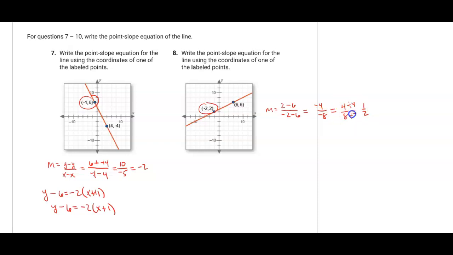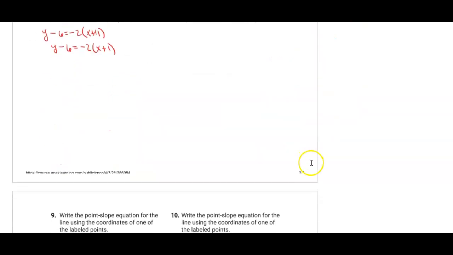Both of these can be divided by 4. So now I pick a point. Again, it doesn't matter which point you choose. I'll just start with -2, 2. So y minus 2 equals 1/2 times x minus -2. Make that plus positive, and I am done. Okay.